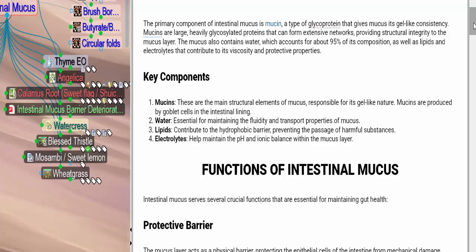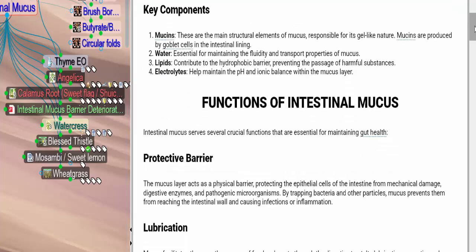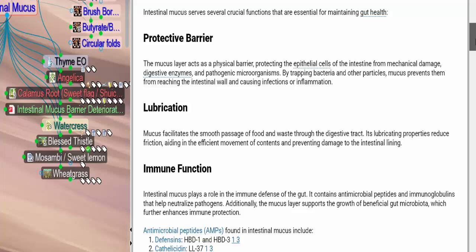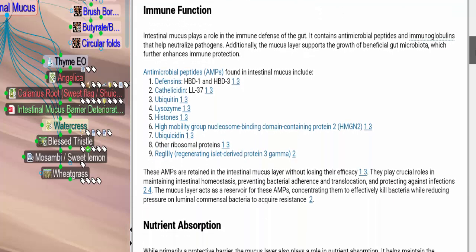The intestinal mucus has electrolytes, and those are the salts. It has lipids, and those contribute to the hydrophobic barrier. So it does all of the same things that we've already talked about, but it also has what are called antimicrobial peptides, AMPs. You can click on all of these to find out what they do.